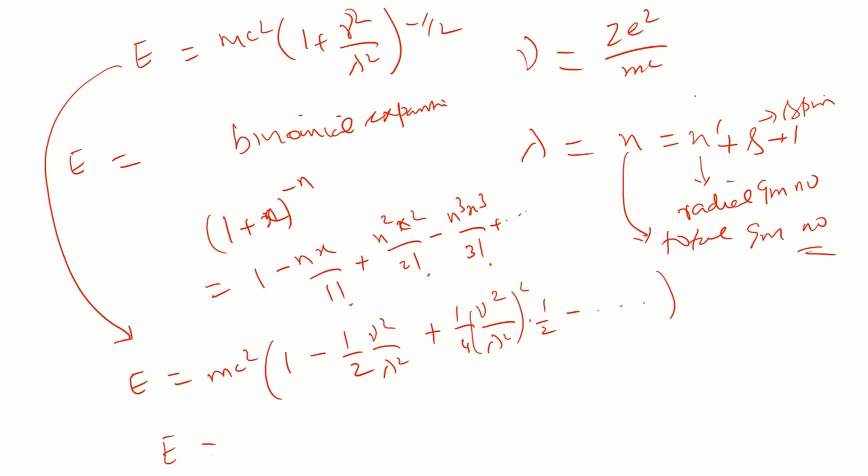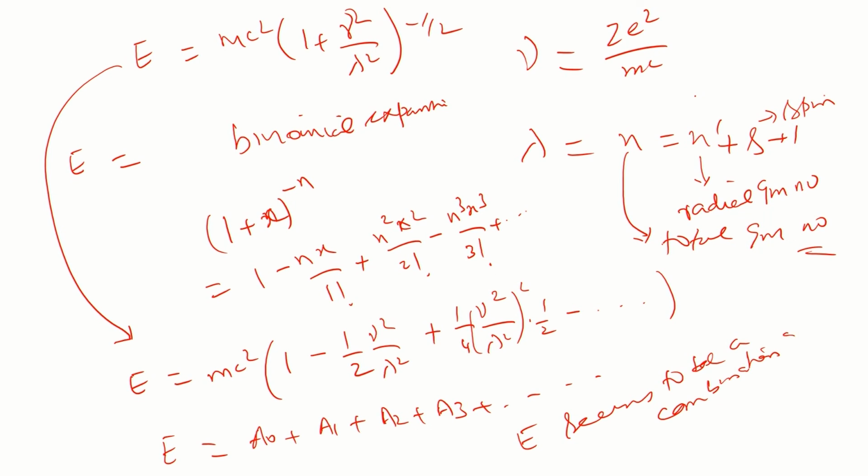So we have simply mc square into 1, that we call a naught, plus mc square into the second term I call a1, plus a2, plus a3, etc. It is going on like this. So this energy seems to be a combination of many states. This is the idea given by Klein-Gordon for a bound particle, and this is the theoretical approach.